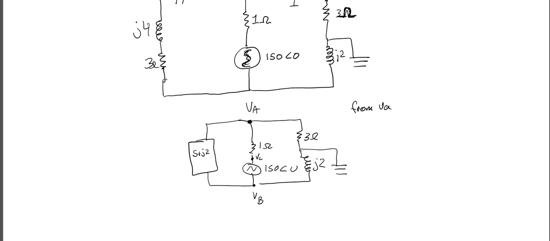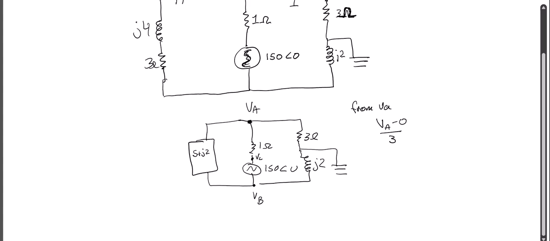So going to the right, I have ground over here, so I have VA minus 0 over 3, plus, going down, I have VA minus VC over 1, and going to the right, I have VA minus VB over 5 plus J2, and that has to equal 0.